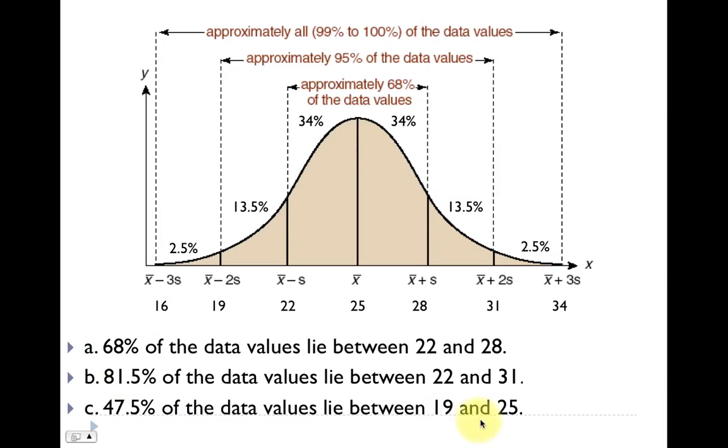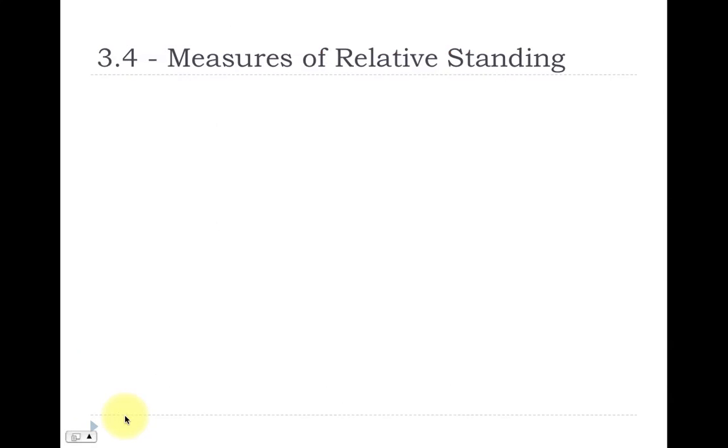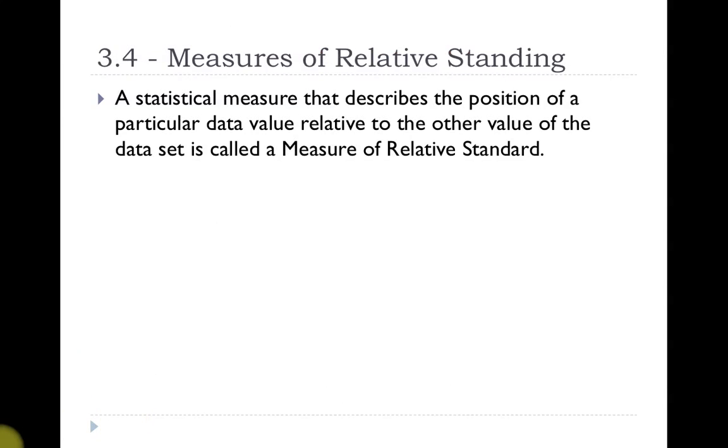And the last one, 19 to 25. We're adding up the percentages between 19 and 25, so we'll add up 13.5 and 34, and that's where you get 47.5%.